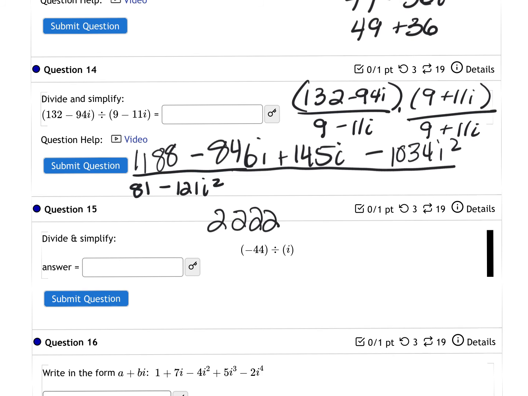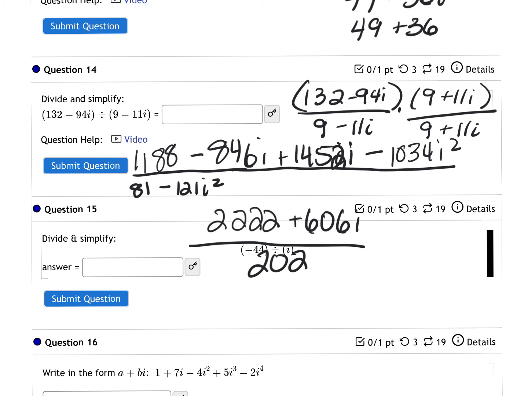And 1,452 minus 846 equals 606. So that's plus 606i. All over on the bottom, we have 81 plus 121, 202.